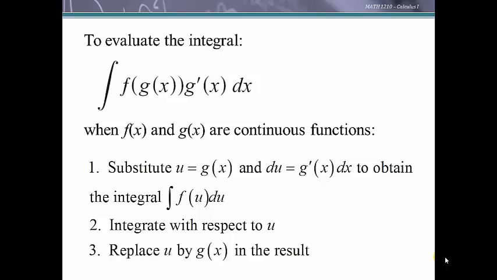So to evaluate this integral, we are going to substitute u for g of x, and du is going to be g prime of x dx, so that we now have this integral. Then we're going to integrate with respect to u, and then after we get that solution, we're going to replace the u by g of x. We need to see several examples so we can see exactly how to do this.